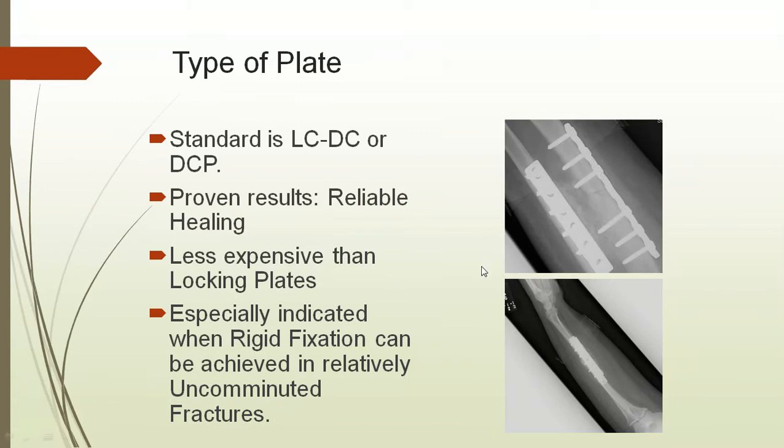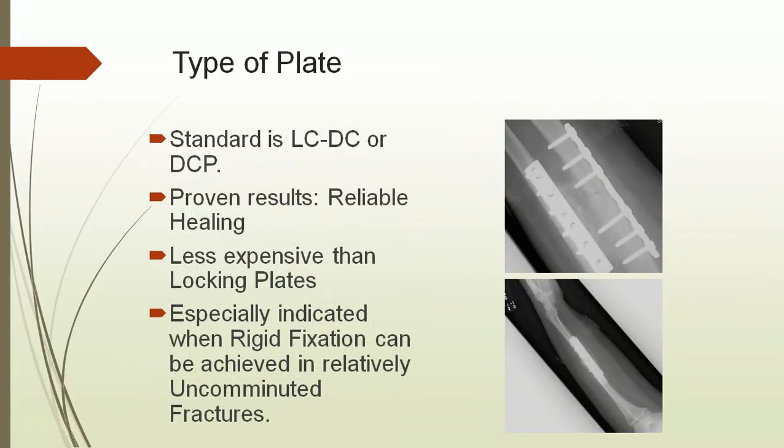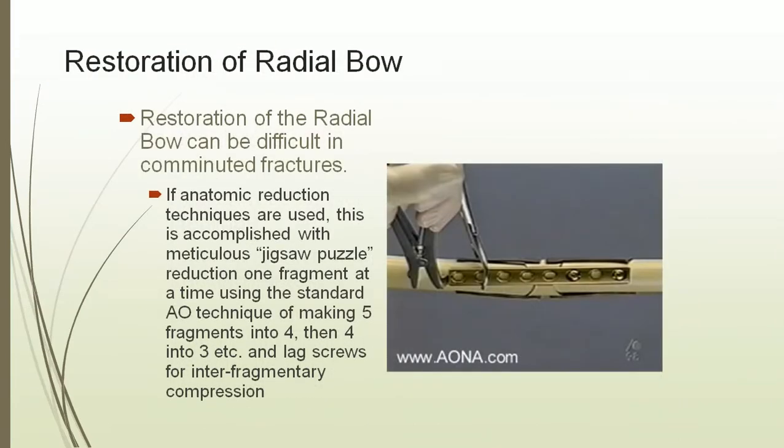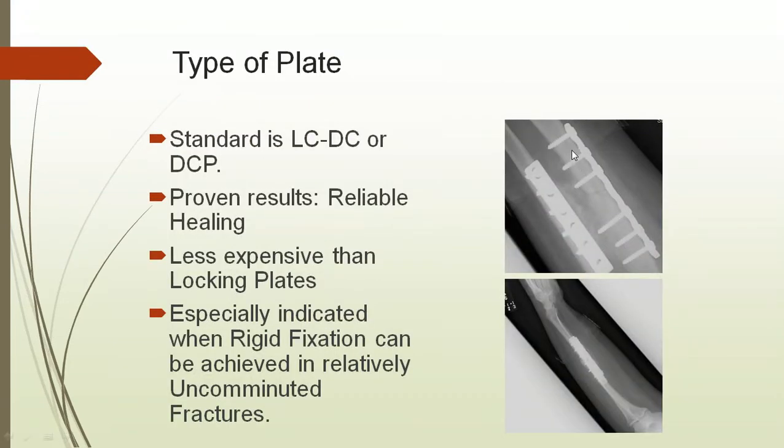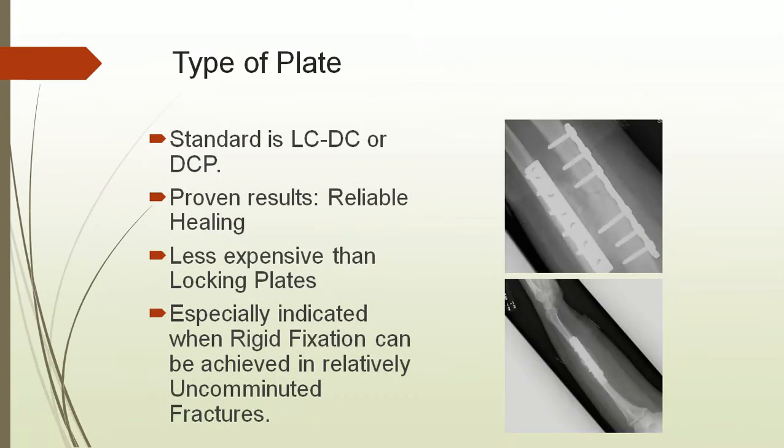This is a locking compression plate. The main difference between a locking plate and a dynamic compression plate is that the entire plate is in contact with the bone in a DCP, but in a locking plate the entire plate will not be in contact with the bone; only the screw holes part of the plate is in contact with the bone.